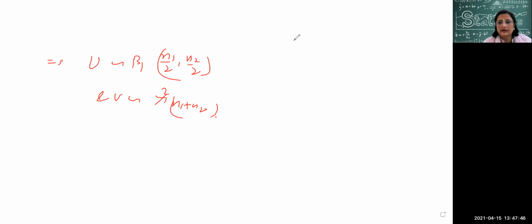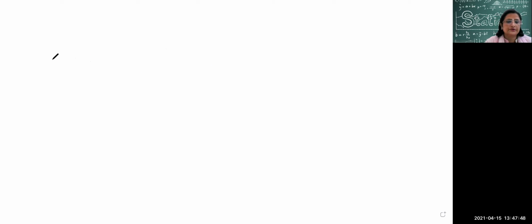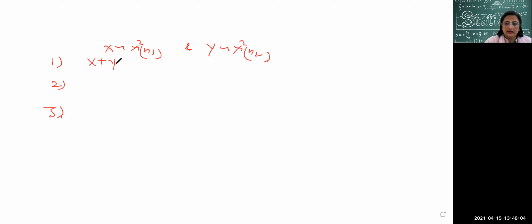So hence I am just writing down the points so you can remember. If x follows a chi-square distribution with n1 degrees of freedom and y follows a chi-square distribution with n2 degrees of freedom, then x plus y follows a chi-square distribution. One of the additive properties of the chi-square distribution is that if two random variables are chi-square, their sum is also chi-square.